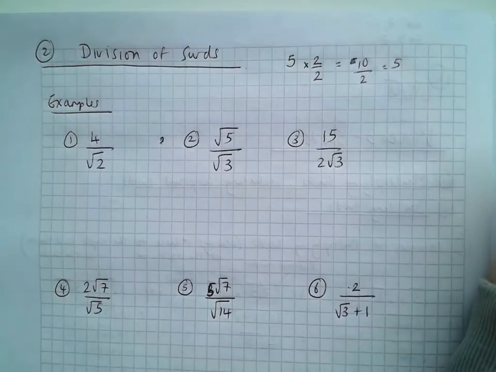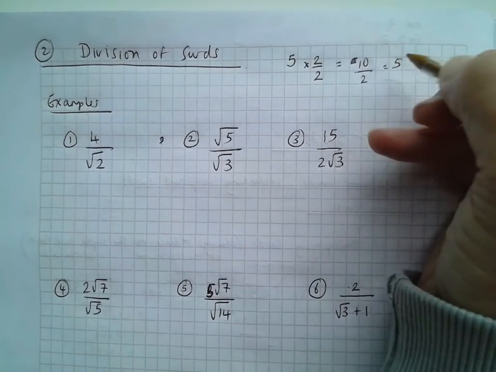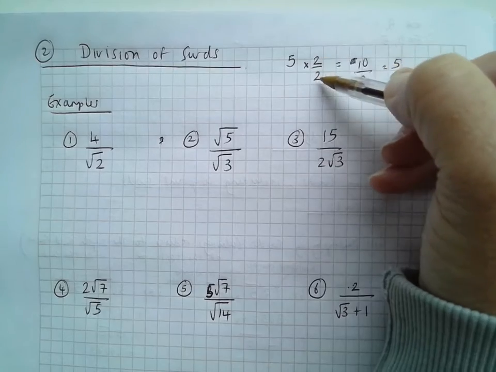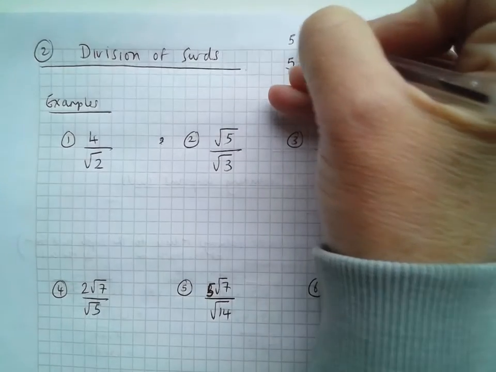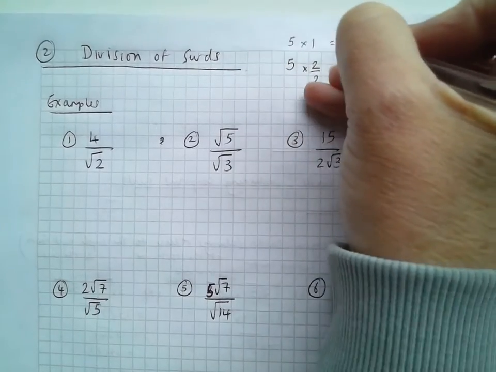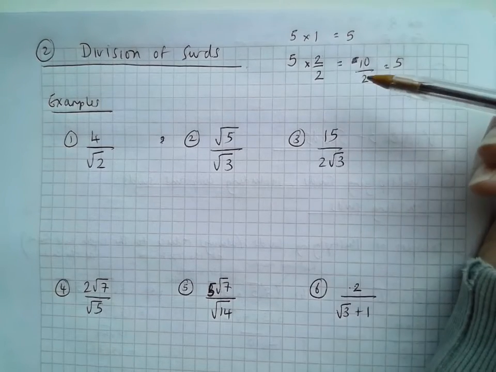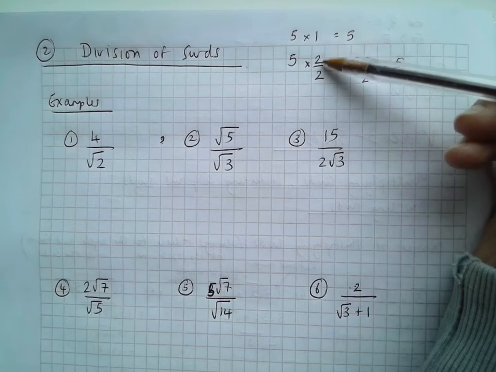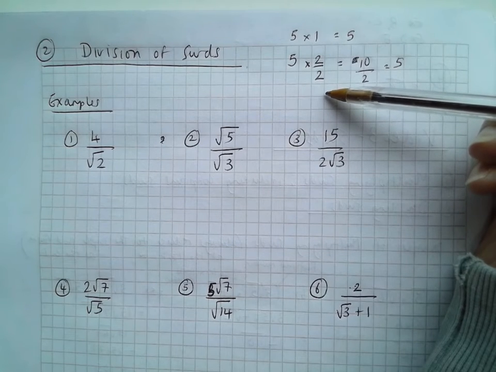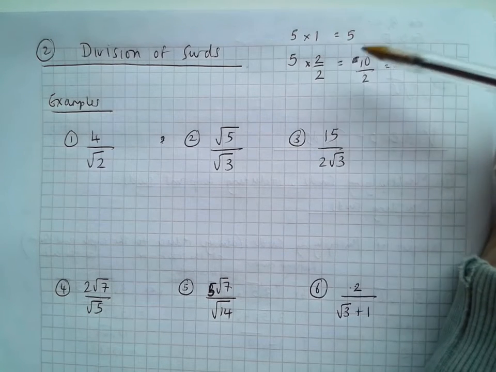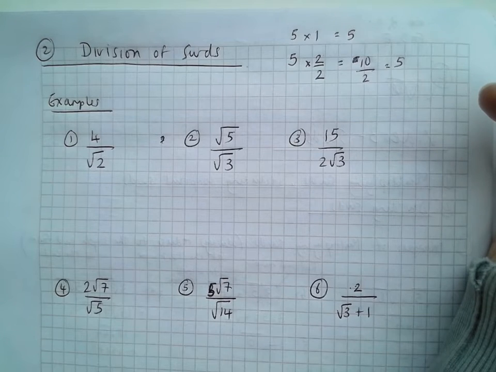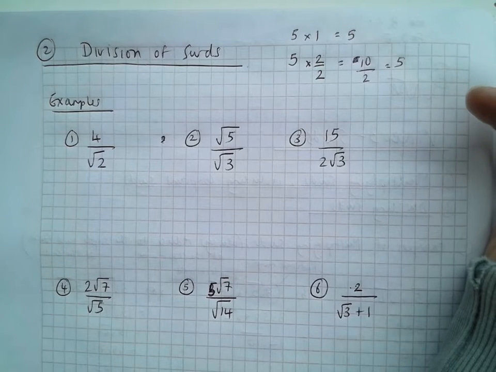Okay, why is that? It's because multiplying something by 2 over 2 is just the same as multiplying it by 1, which of course means we get the original number. So this idea of being able to multiply something above and below by the same number and not changing it in any way is the basis of what we do now when we divide surds.